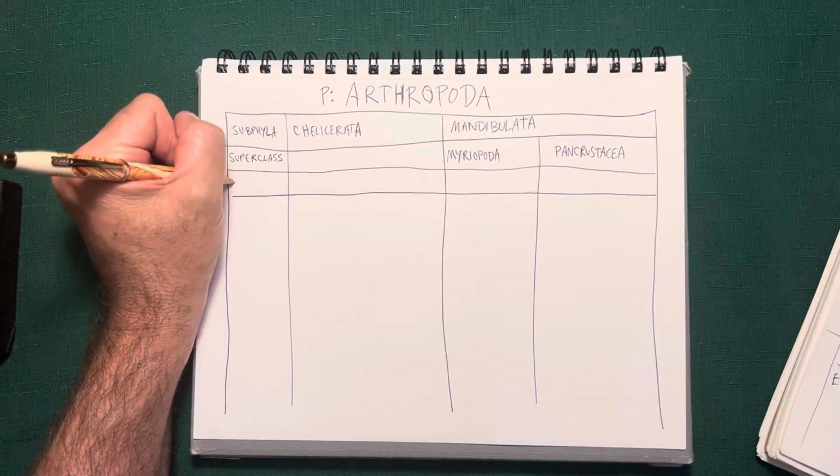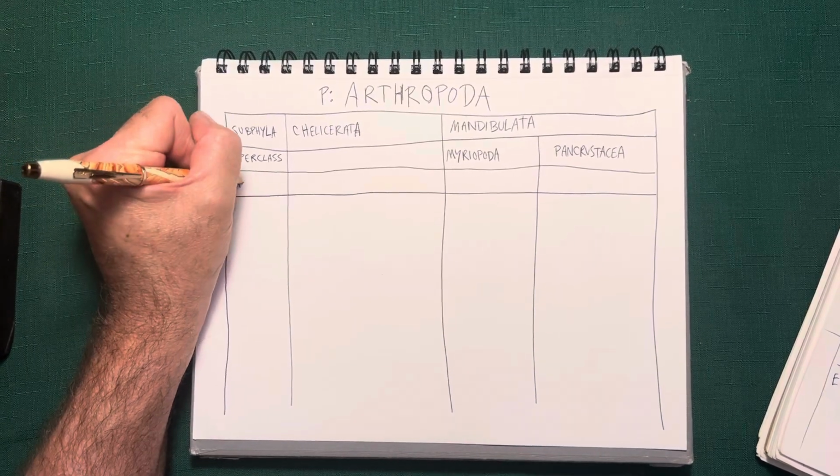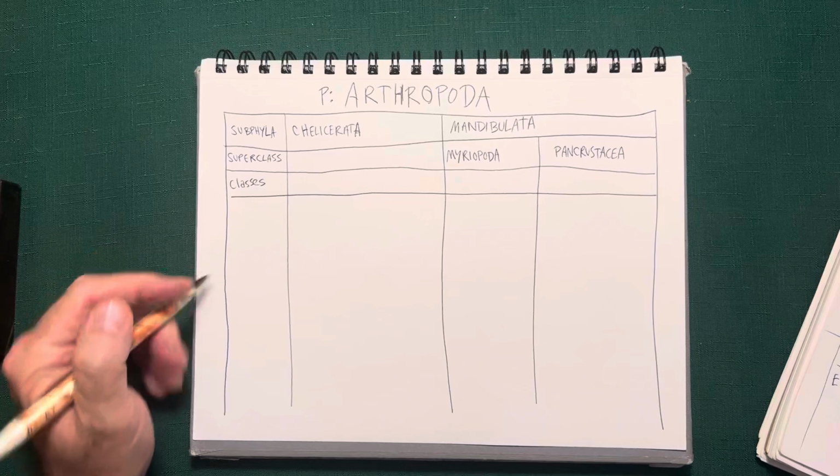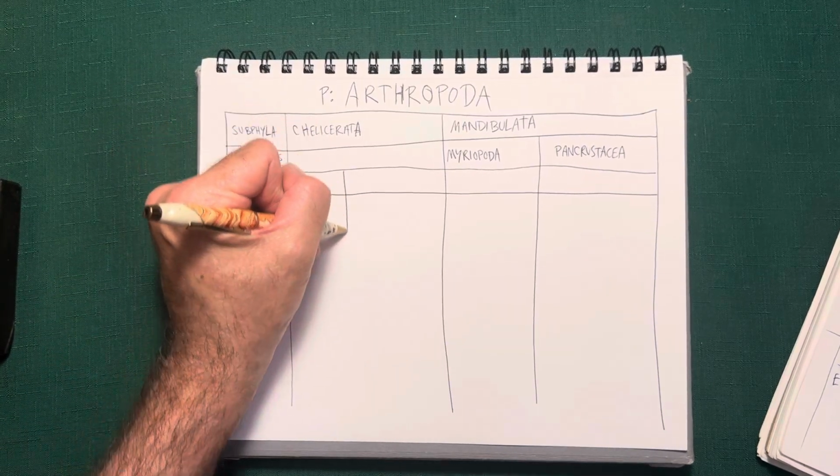All right, so let's get into our classes of arthropods. So within the Chelicerata, we've got 3.